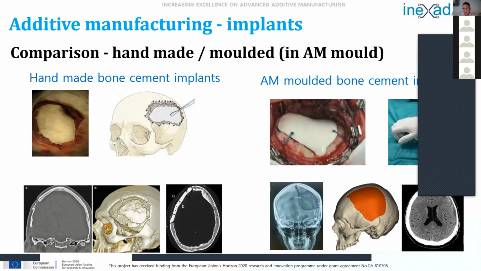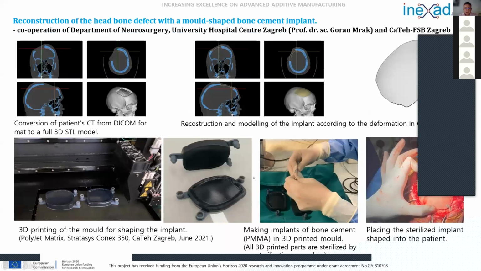It's a mold for casting a future implant. So in this case, you can see that the implant perfectly fits the patient. I should say that the patient as well as the surgeon are much more satisfied in this case. I will show you a few examples of this kind of project.